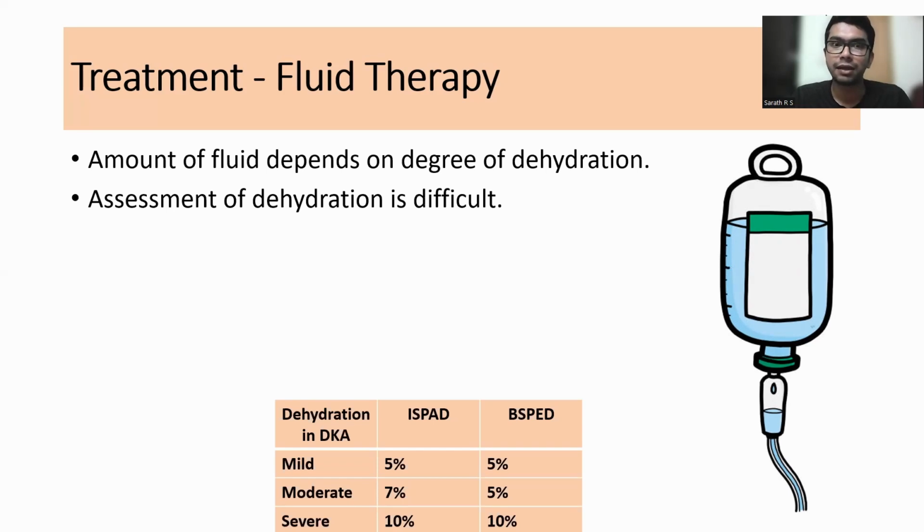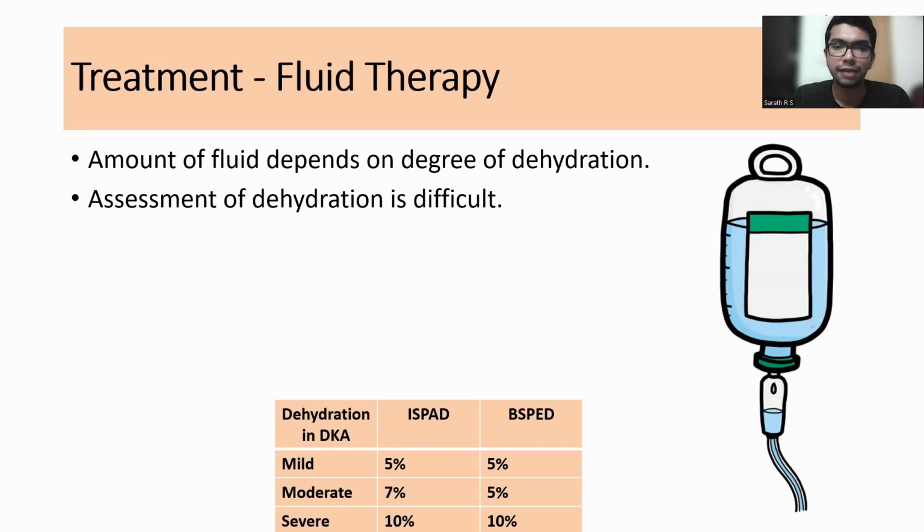Because of the serum osmolality, intracellular and interstitial fluid will be dragged to the intravascular compartment. Again, that fluid won't remain in the intravascular compartment. That fluid will be drained by the kidney due to glycosuria. Whenever glucose goes above 180, glucose will get excreted in urine, and it will be associated with diuresis.